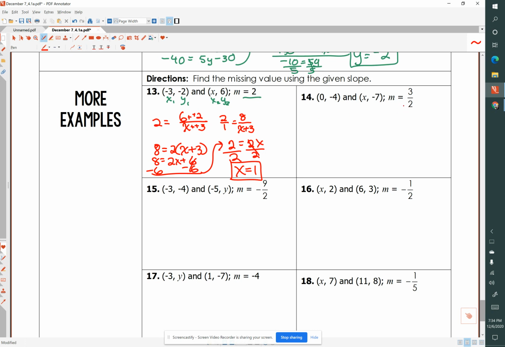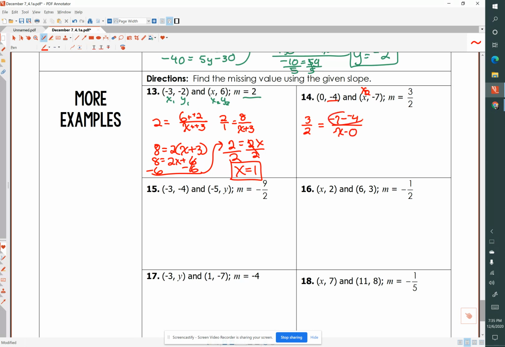Okay. Here we have to find x. Okay, x2 or x. So 3/2 equals negative 7 minus, oh, I'm sorry, negative 7 minus negative 4, divided by x minus 0.